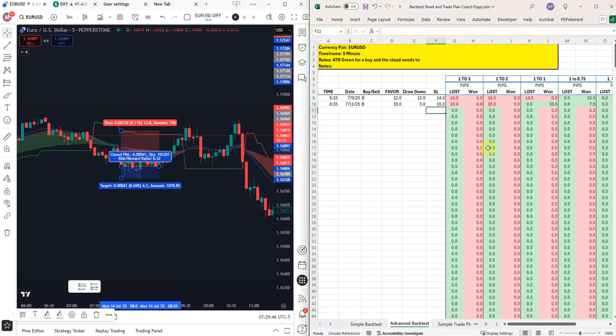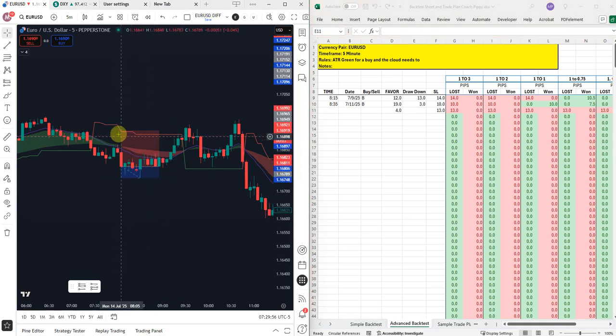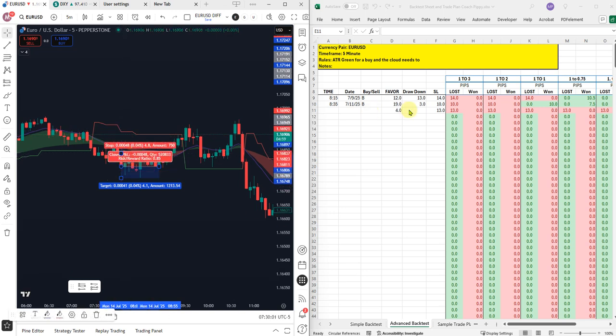So stop loss of 13, favor of 4, drawdown before it went in our favor was about 5. And this was a sell. The date was the 14th at 8:05 a.m.